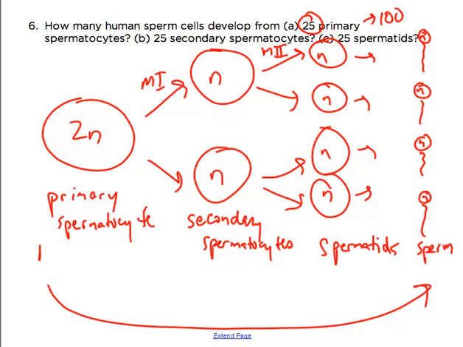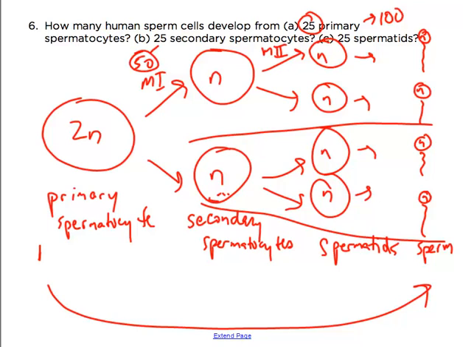From a secondary spermatocyte, how many sperm do you get? You get 2 from 1. So if you have 25, you're going to get 50. And lastly, how many sperm do you get from 1 spermatid? You get 1. It just develops into a sperm. So if you have 25 spermatids, you're going to get 25 sperm. It's really as simple as that.